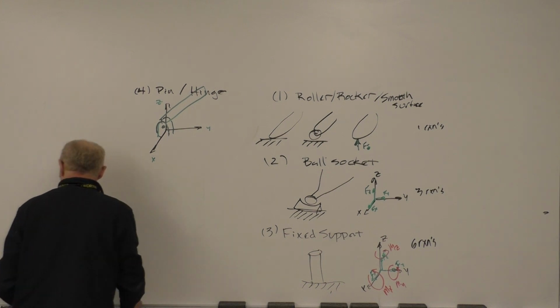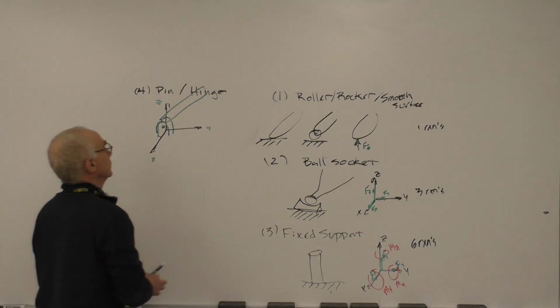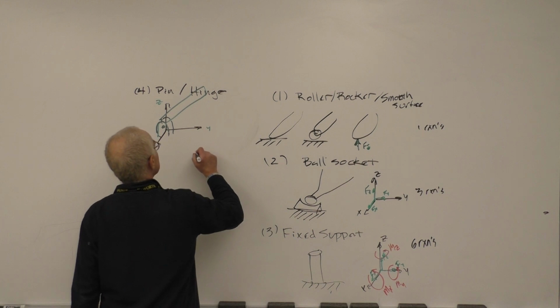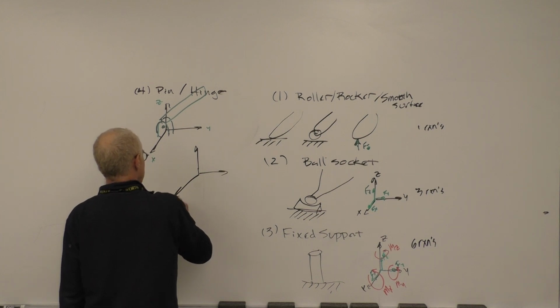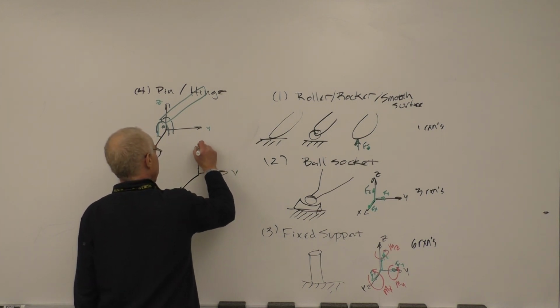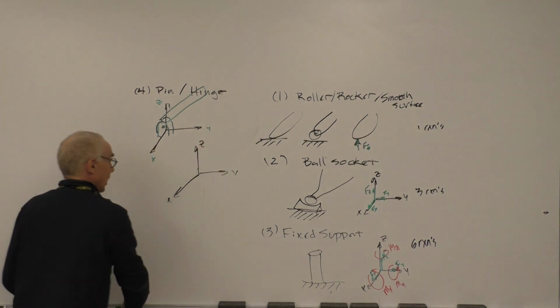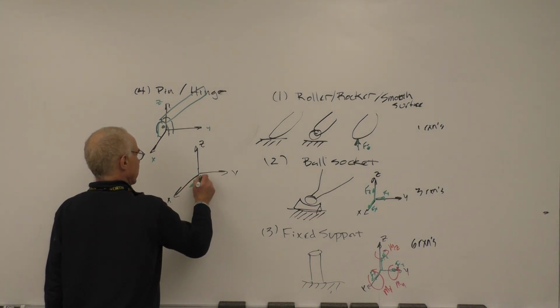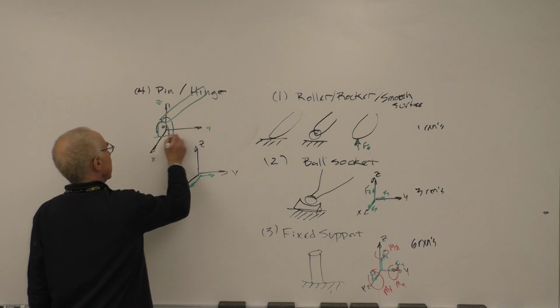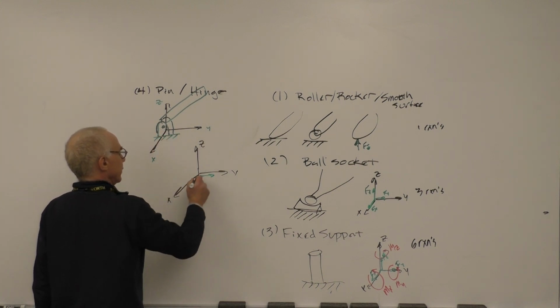So the free body diagram for this would look like, I'll do it here. Here again, here's our axes, X, Y, and Z. And this one will certainly have forces in all 3 directions because it's bolted down, right? It's not moving.